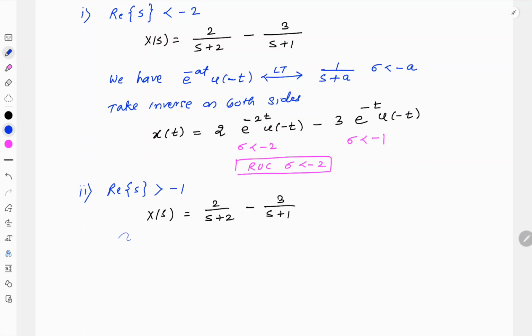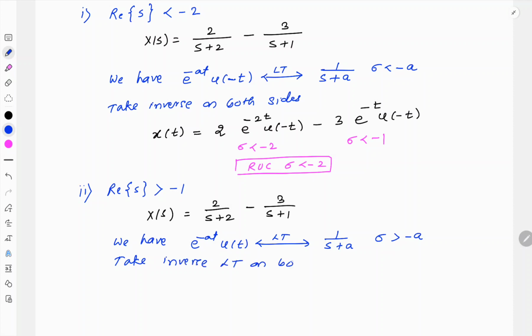Okay, so we have e raised to minus at u of t with Laplace transform 1 upon s plus a with RoC sigma greater than minus a. So take inverse Laplace transform on both sides.